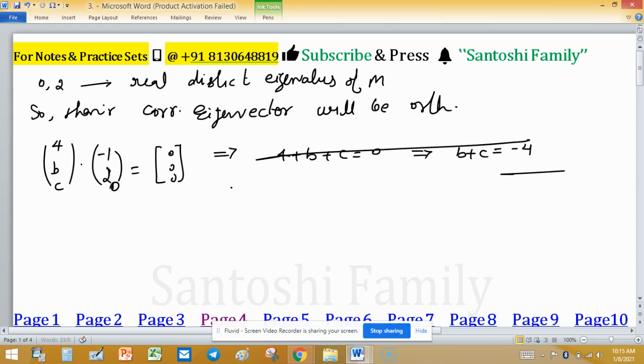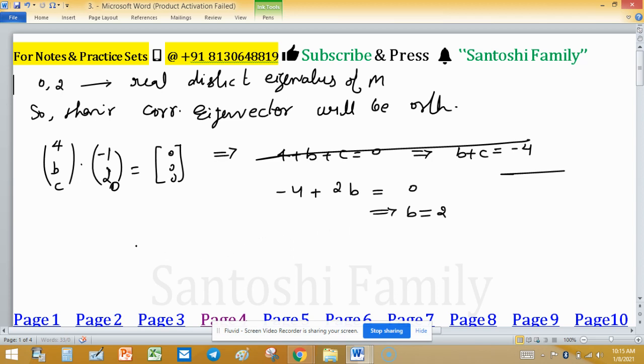So this equation will be minus 4 plus 2b equals 0. This implies b equals 2.